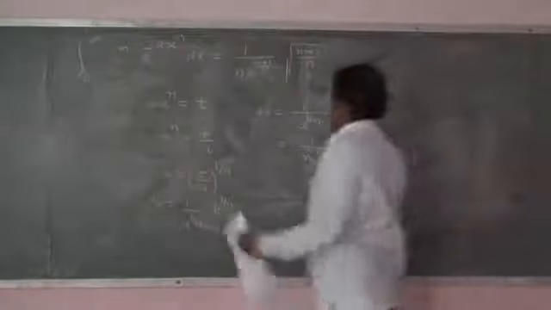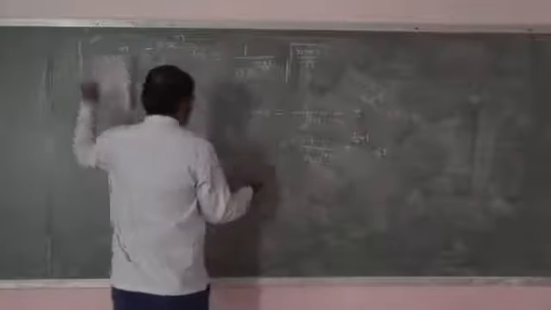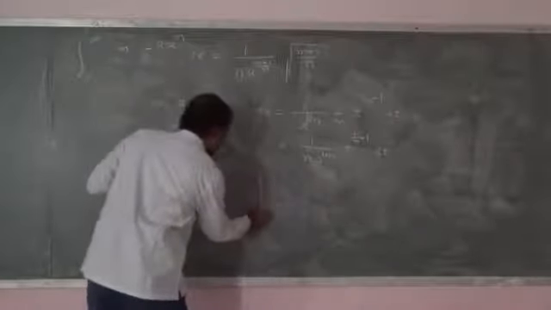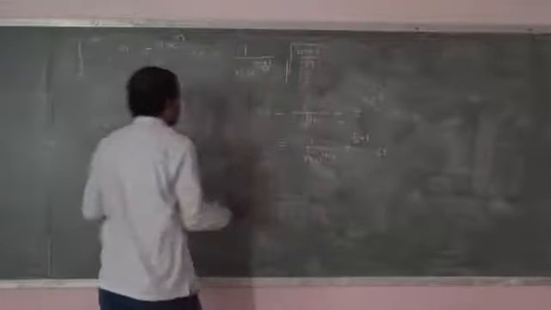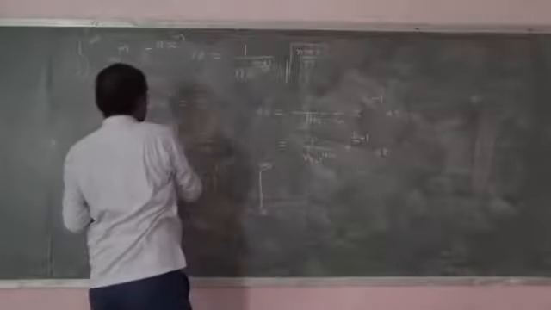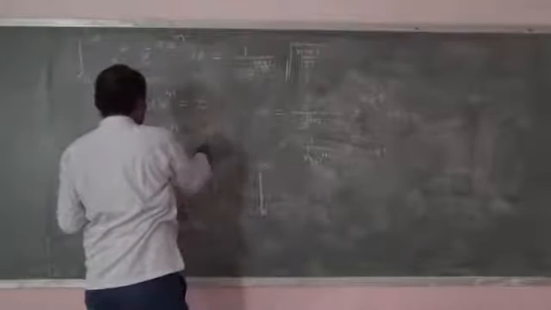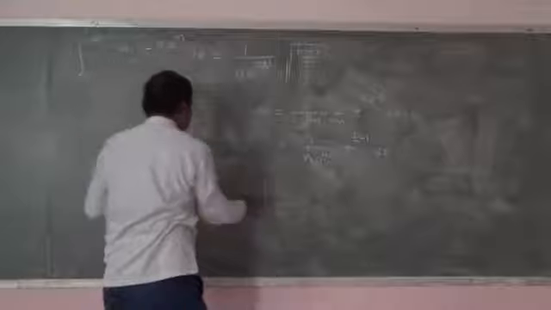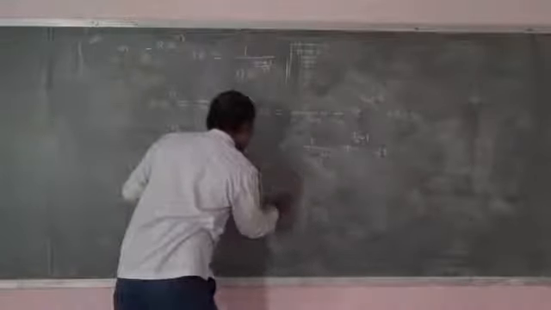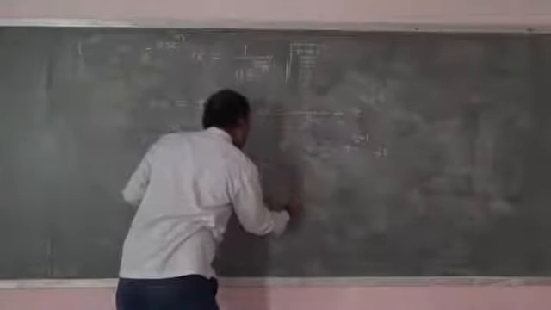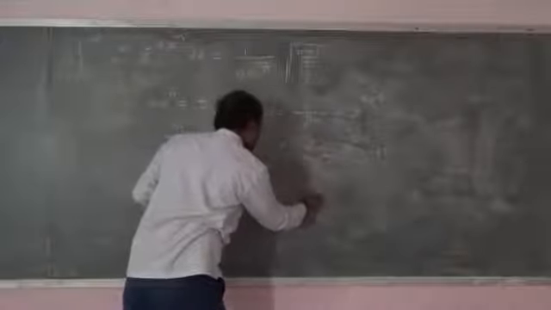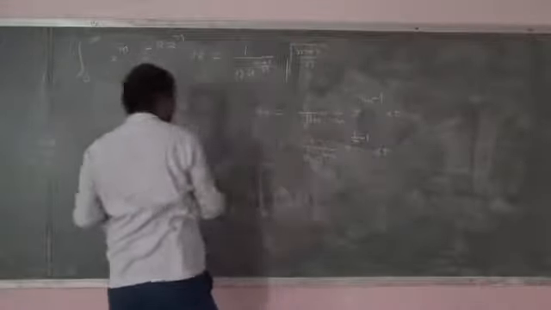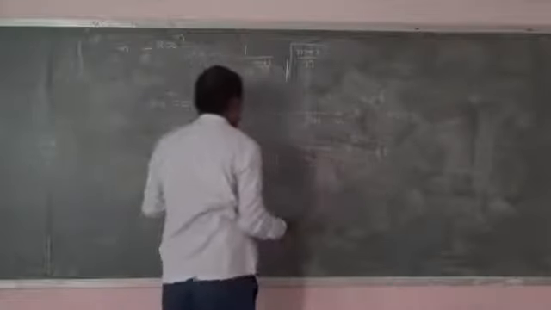Now we shall substitute all these values in the given question. The limits 0 to infinity are not going to change at all. Now x to the power m: x is equal to (t by a) raised to 1 by n, so this becomes (t by a) to the power 1 by n, all to the power m.